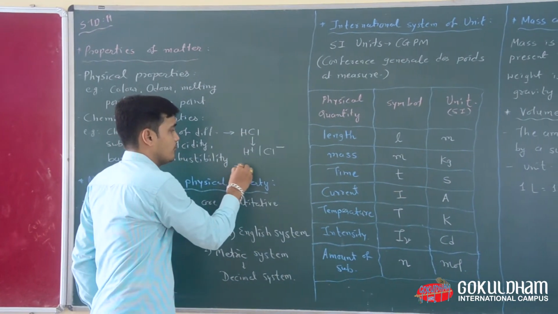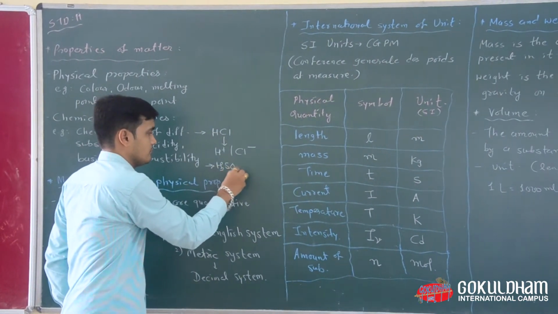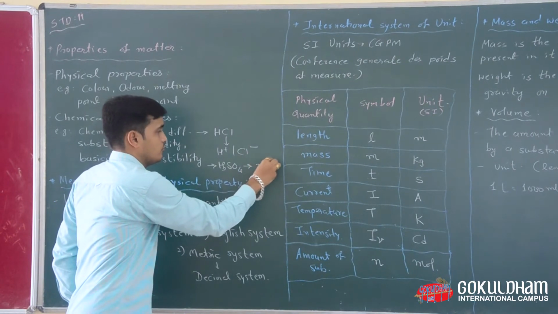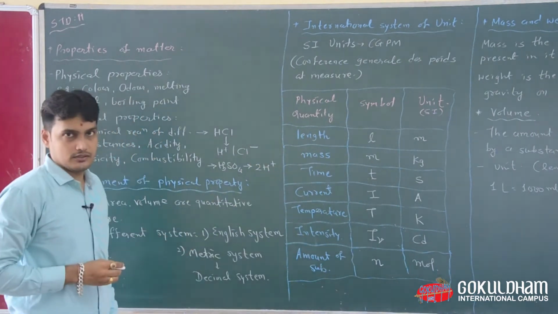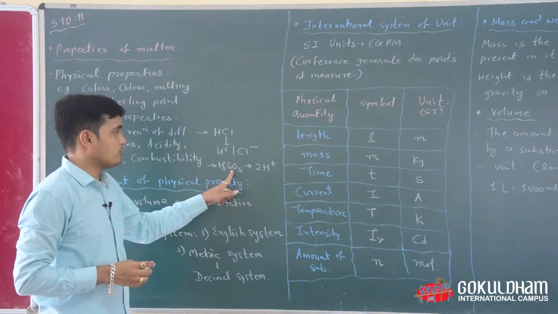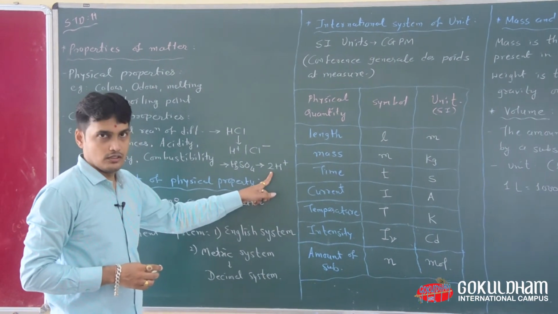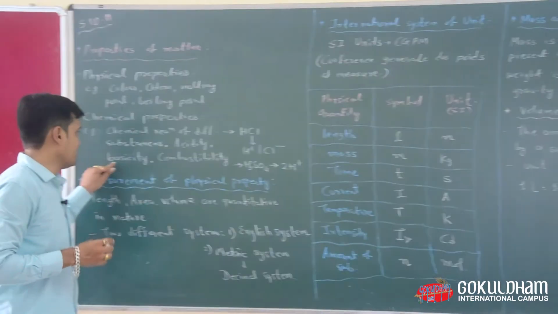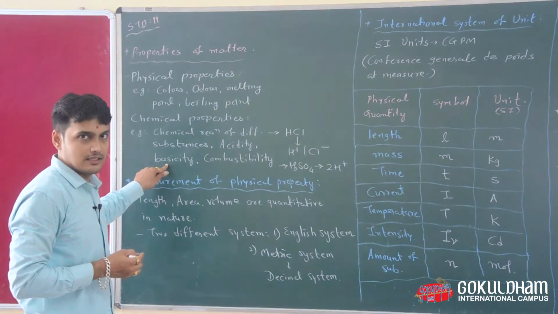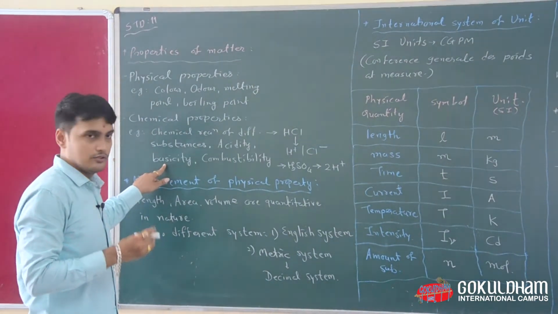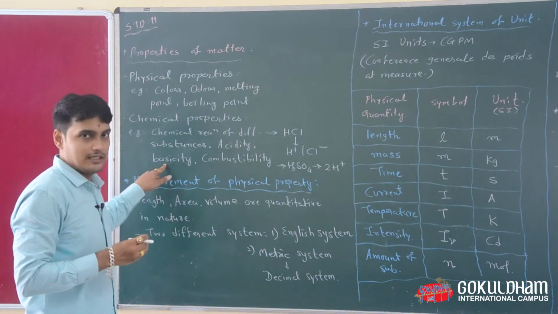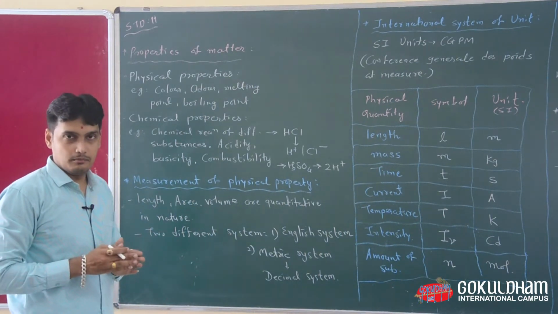In H2SO4, you will get 2H+, meaning the acidity of H2SO4 is 2. In the same way, basicity means after dissolution, how many OH- will be liberated into the beaker.